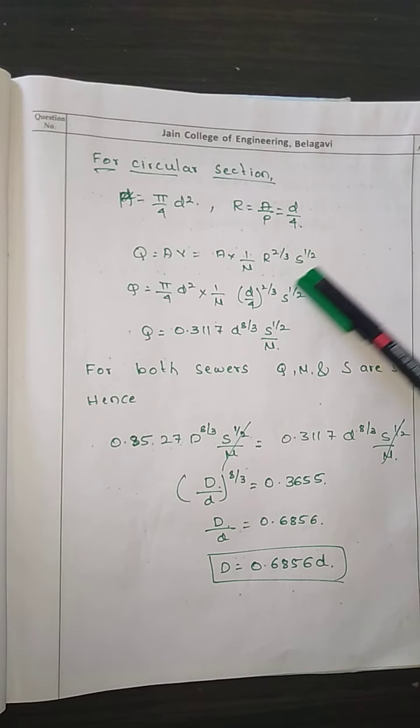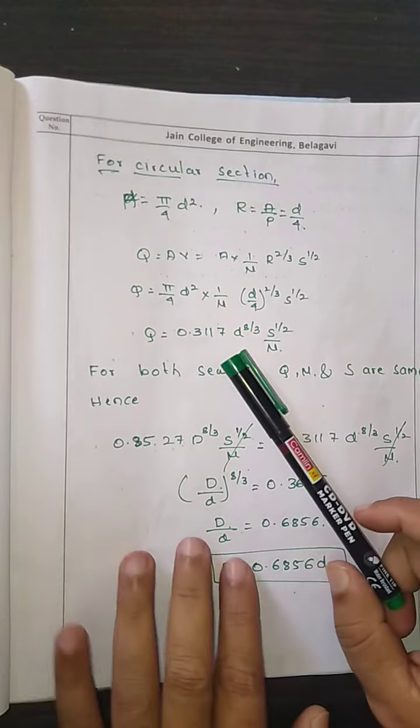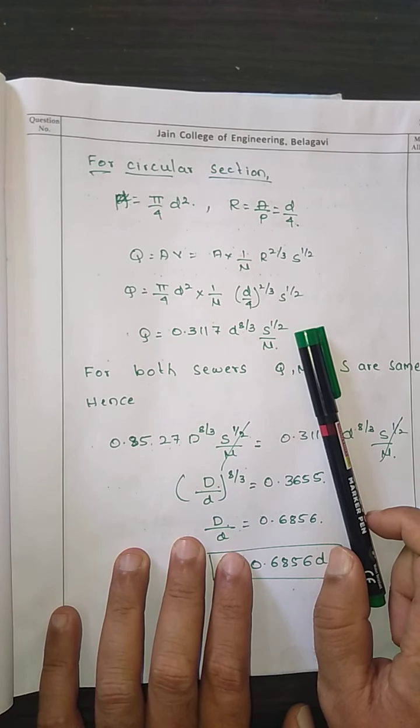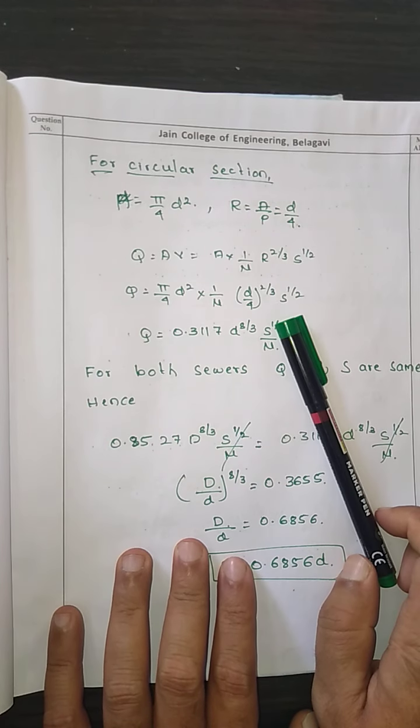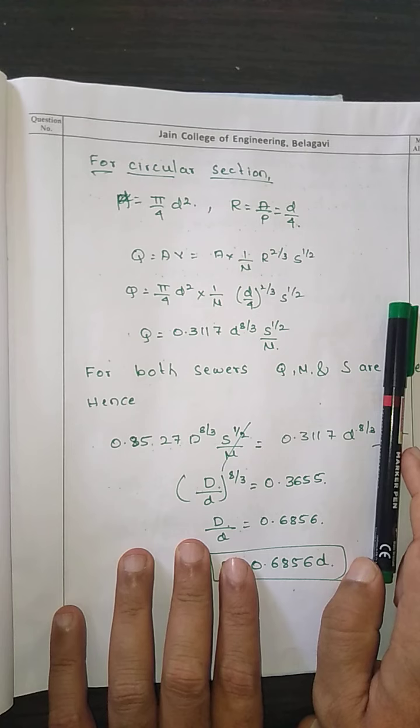Then Q is equal to AV. We have substituted the value of R, that is D by 4 raised to 2 by 3, and the area is pi by 4 into D squared. Then we have got the relation again: discharge is equal to 0.3117 d raised to 8 by 3 and S raised to 1 by 2 divided by N.